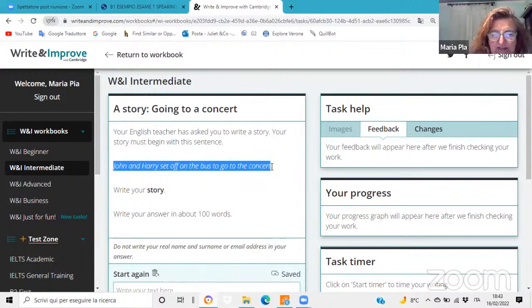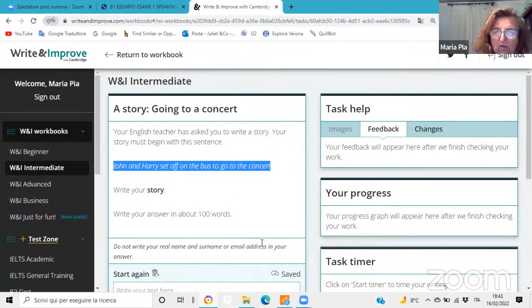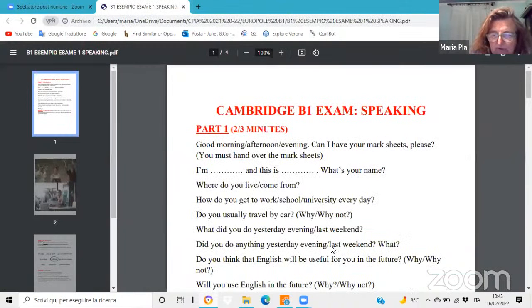John and Harry set off on the bus to, oh my God. Okay, here it is in the chat. John and Harry set off on the bus to go to the concert. Write your story, 100 words.